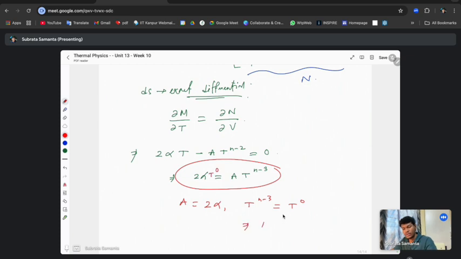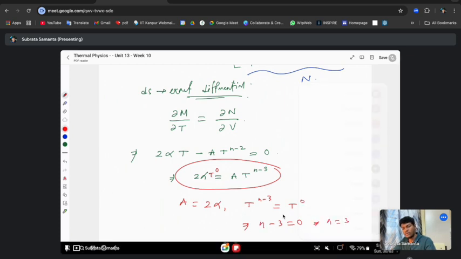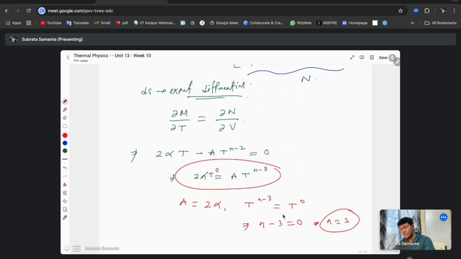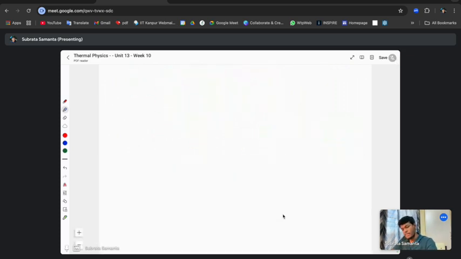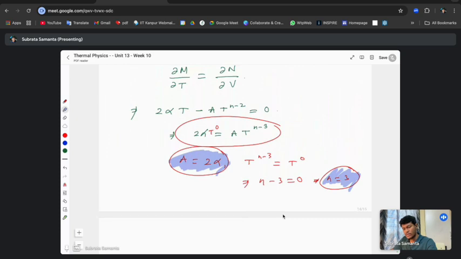So this is because n minus 3 equals 0, which implies that n equals 3. So the values are n equals 3 and A equals 2 alpha, right? So this is A, this is n. Okay, so this is the answer. Yeah, any question?